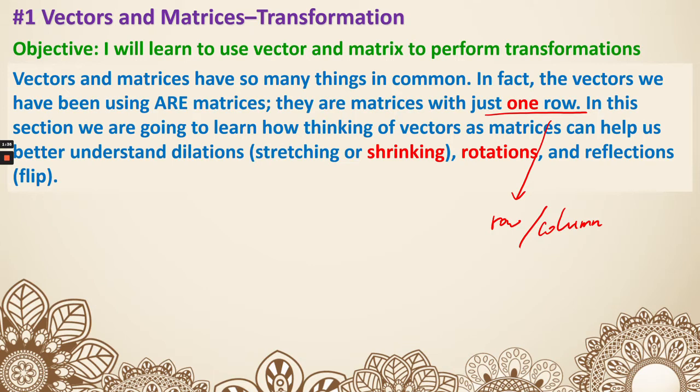It's actually for consistency in this lesson and in the next lesson. Because if we can write it as a row or column, then there are two different setups. And if we just try to keep it always as a row, then it's very consistent to set it up. In this section, we're going to learn how thinking of vectors as matrices can help us better understand dilation, which is stretching and shrinking, rotation, and reflection.